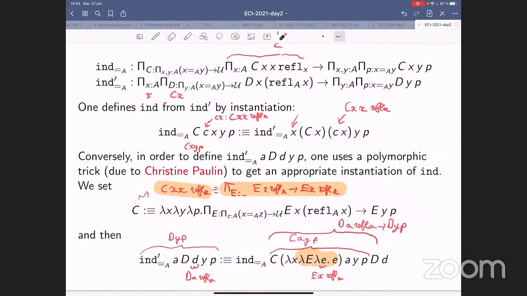And finally, I can apply it to the small d, because now I have to explain the left-hand side, which is the left-hand side that I'm trying to define.